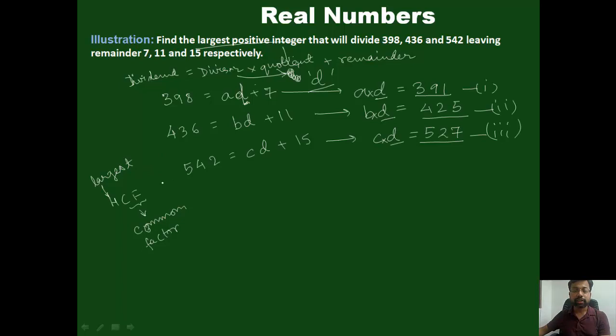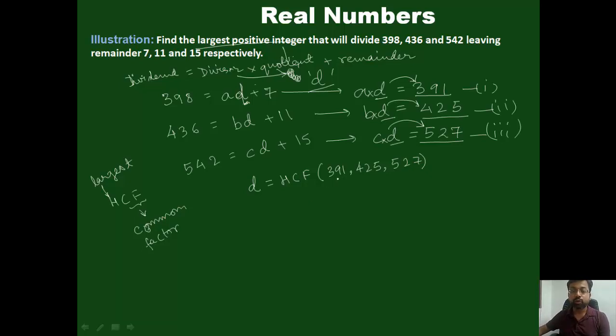It is not a factor of a, b, and c; d is a factor of these three numbers. Hence it has to be the largest common factor, which is the HCF. So what we figured out from the given relations is that d is the HCF of 391, 425, and 527. How do we solve it?